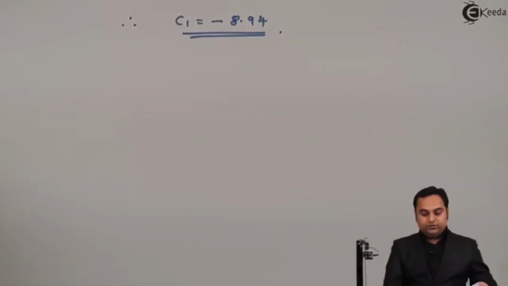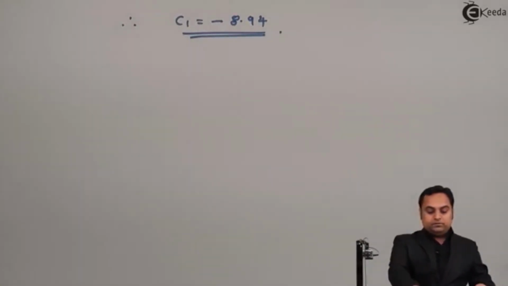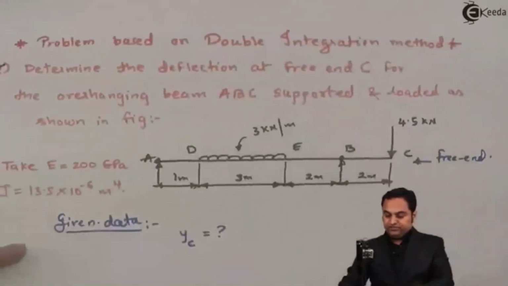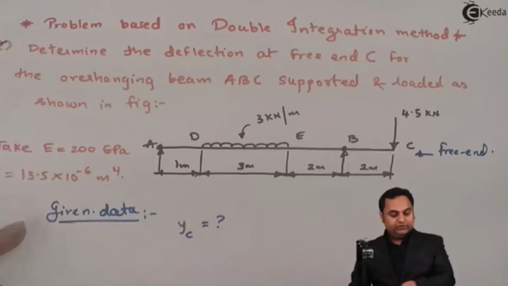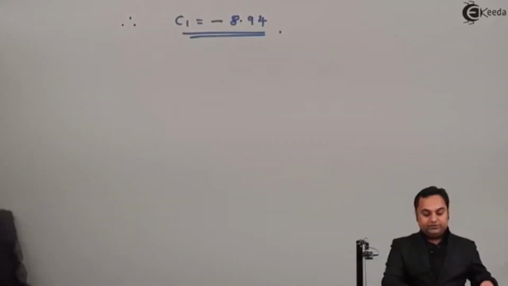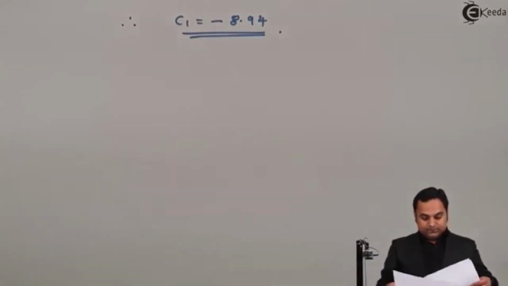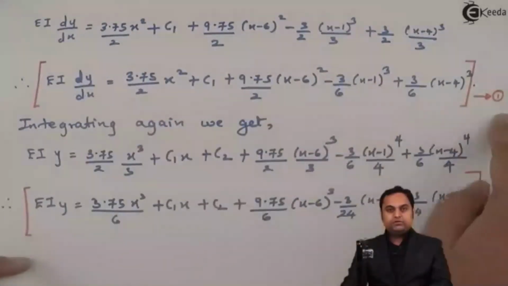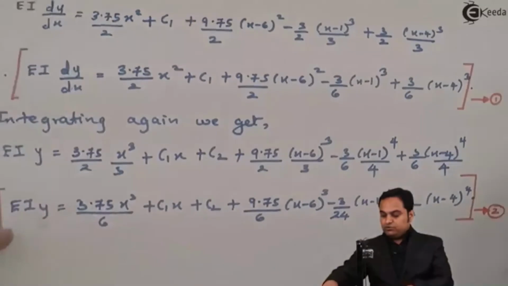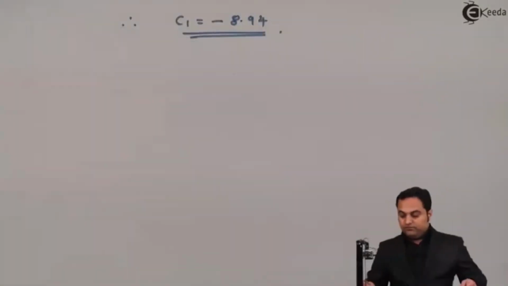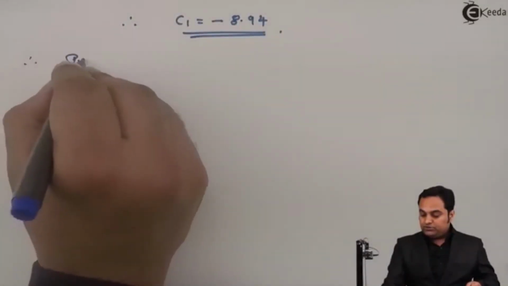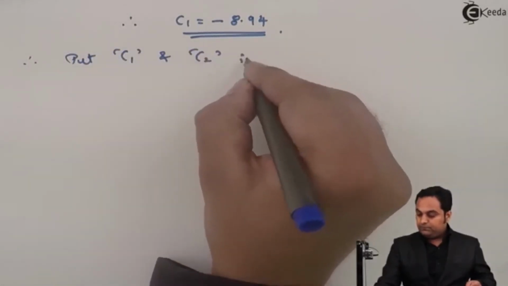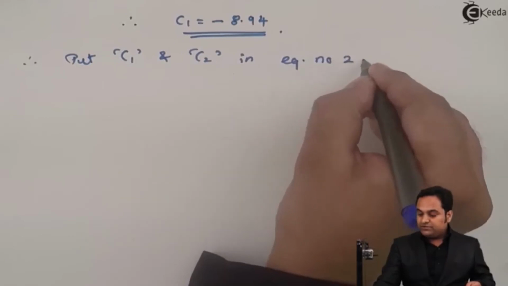Now if we look into the question, we have to find out the deflection at point C. So we need to put the values of C1, C2 in the deflection equation. There is no need of the slope equation because slope has not been asked. So I'll put C1 and C2 in equation number second.